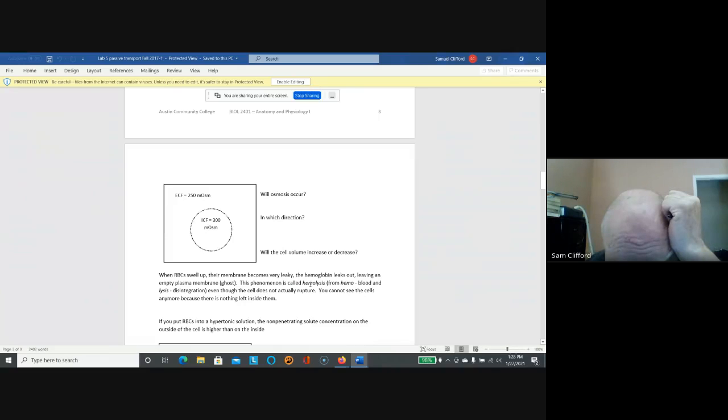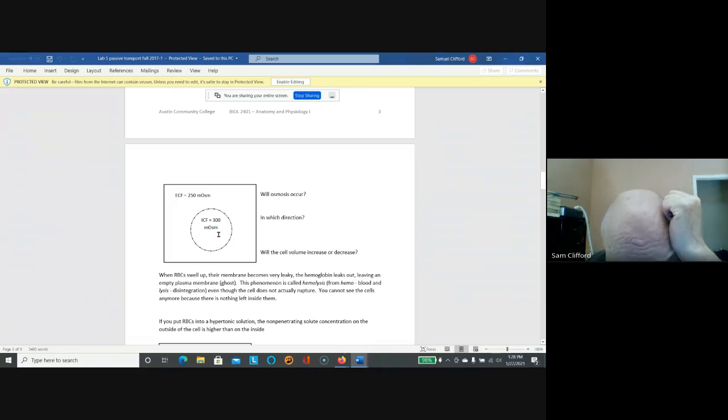So hemolysis is when you put red blood cells in a hypotonic solution. So if the amount of dissolved material is less compared to the inside of the cell, water will move to balance the situation and it'll cause this cell to burst.